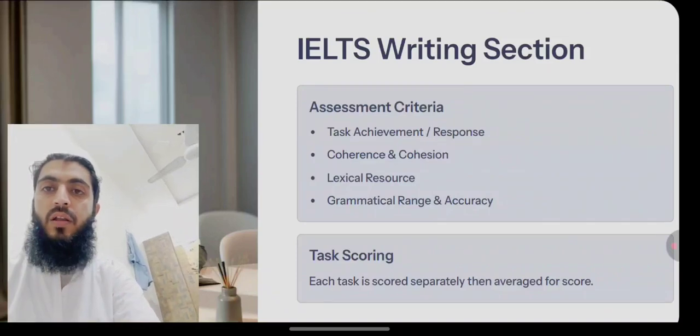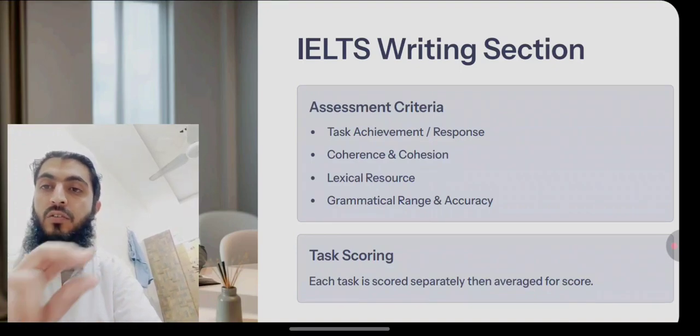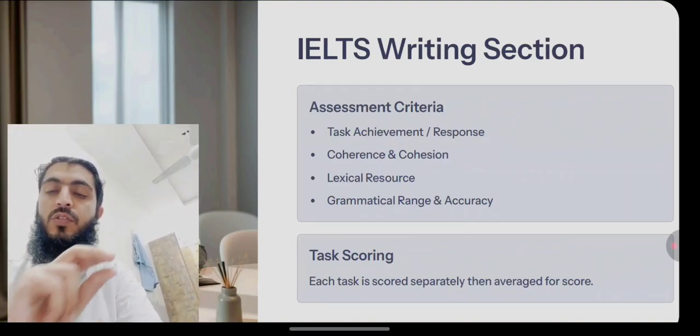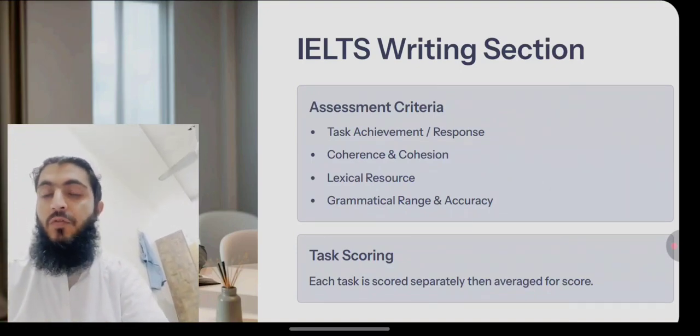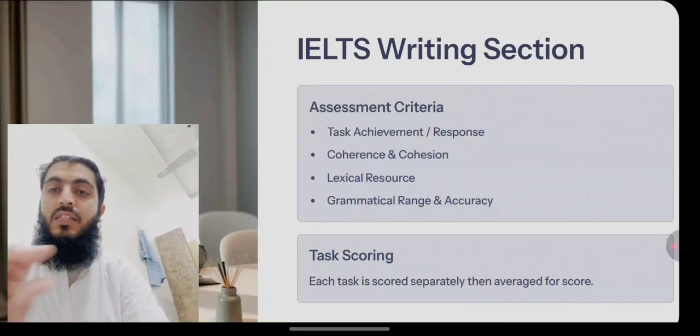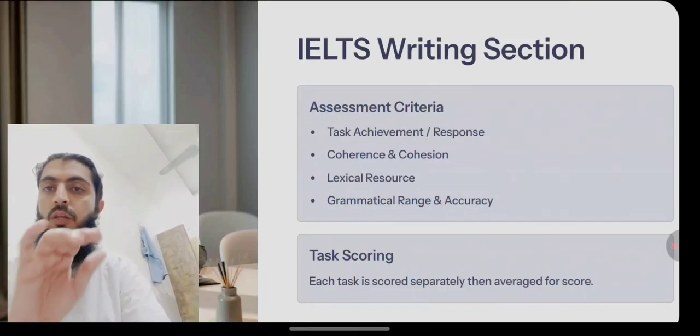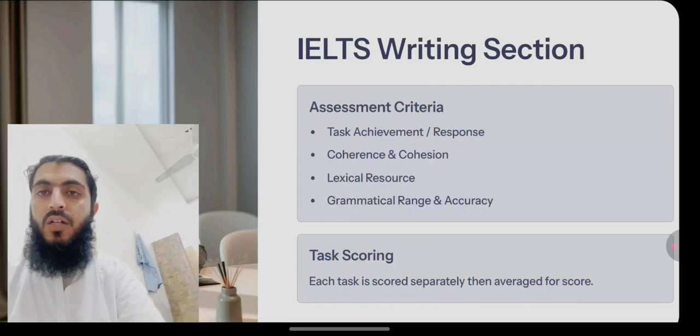They will also take care of your cohesion, whether you are able to use cohesive devices in a perfect way, like firstly, secondly, thirdly, moreover, furthermore, finally. These are discourse markers, linkers, cohesive devices. It is important in writing to put all of them in the proper order.